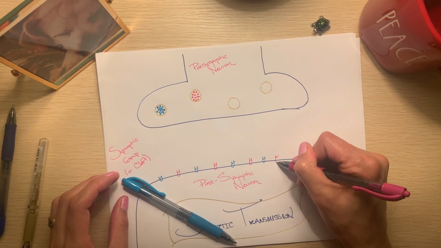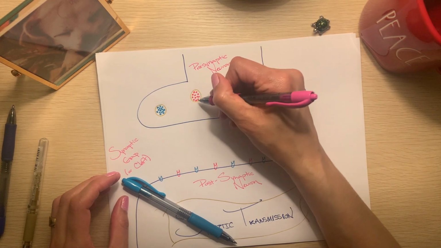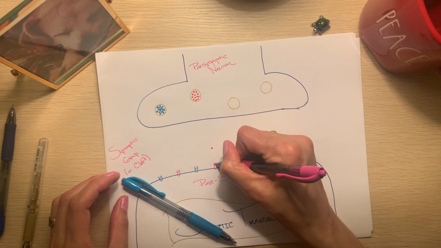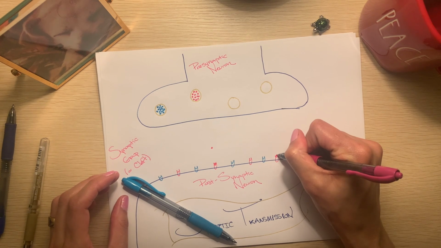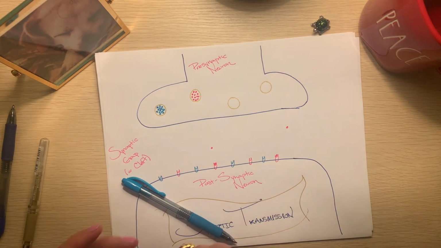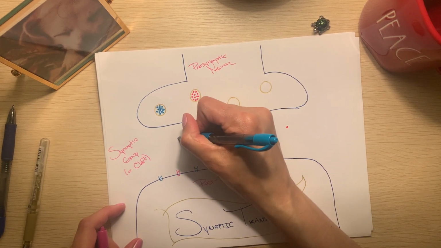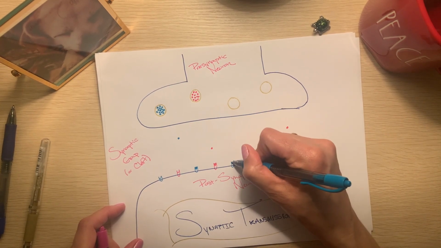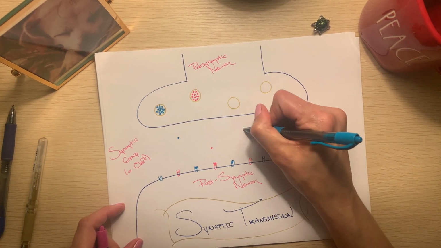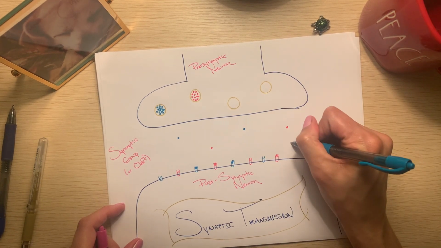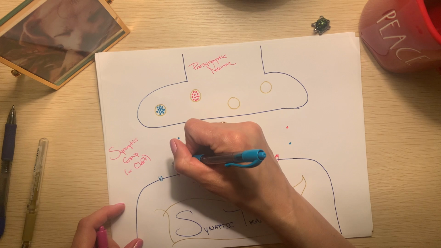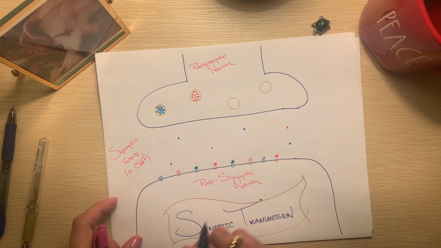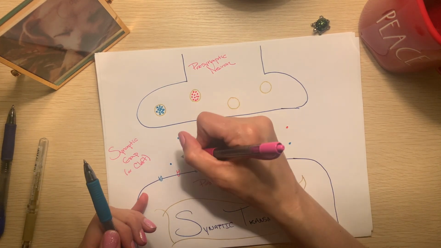So we're going to say that the pink neurotransmitters can only bind to the pink receptor sites, and that the teal neurotransmitters can only bind to the teal receptor sites, like a lock and key, and the pink ones fit like a lock and key.